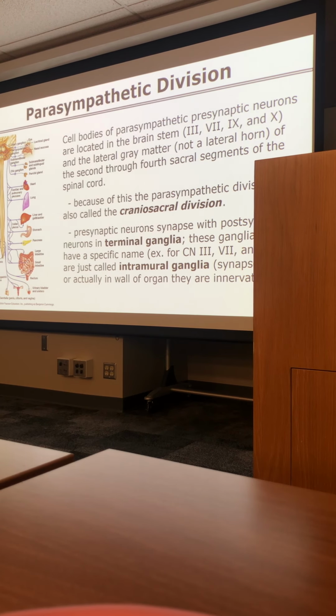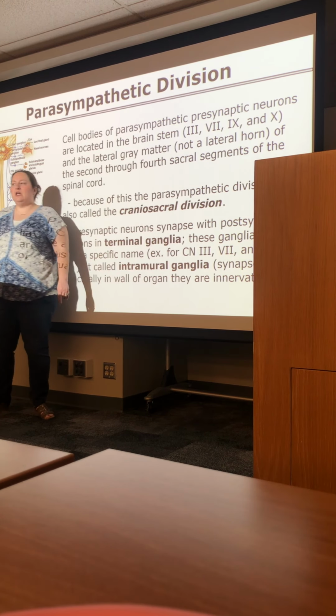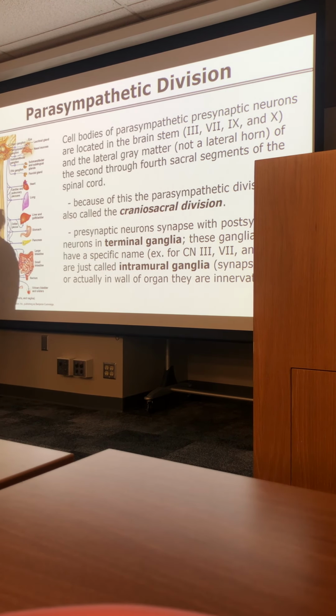Yes, they're in the same wall layers, but maybe a little more dorsal, ventral, superior, or inferior within the tract system. So if it's in the wall, the terminal ganglia are just known as intramural ganglia. So terminal ganglia can have a specific name, or just be known as intramural if it's in the wall of an organ being innervated.